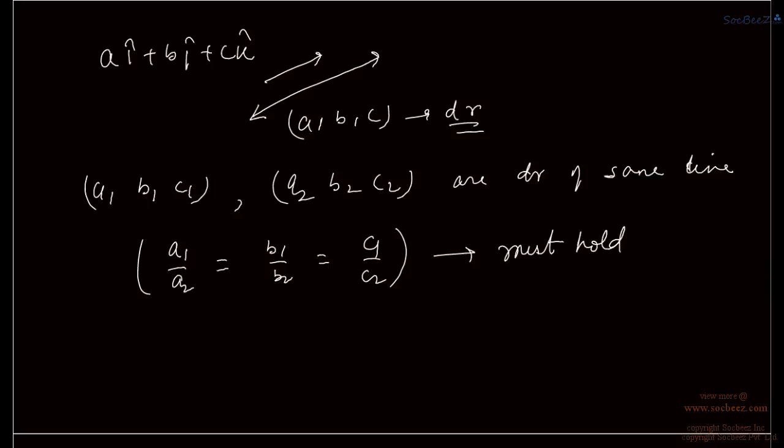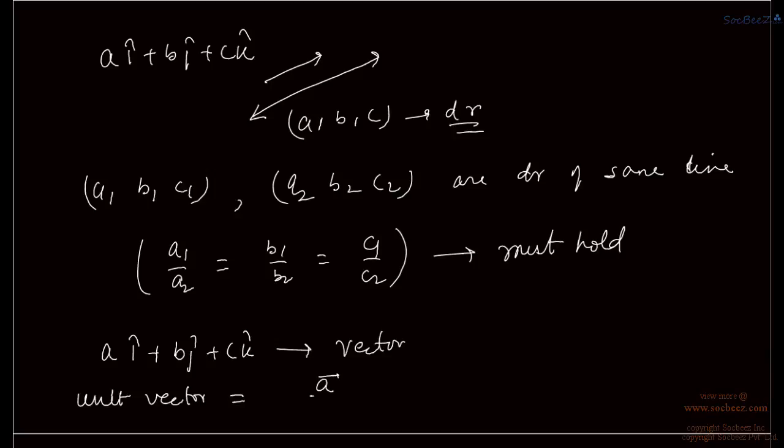One more thing, if we have the direction ratio of a given line, then we can easily find the direction cosine, because say if one asks you to find a unit vector for a given vector, then what do you do? Say we have a vector ai plus bj plus ck. So the unit vector can be found out by the vector divided by its magnitude. Its magnitude is root under a square plus b square plus c square.